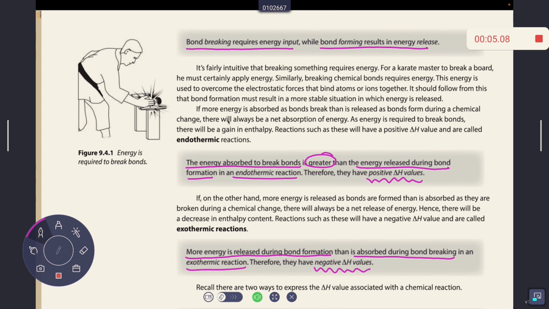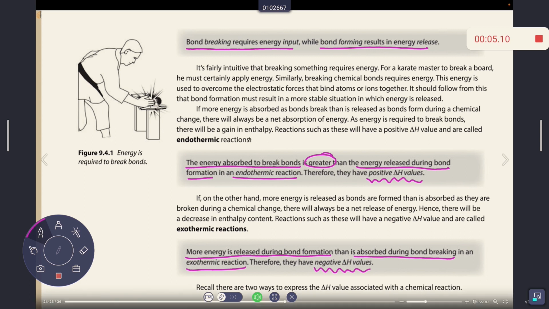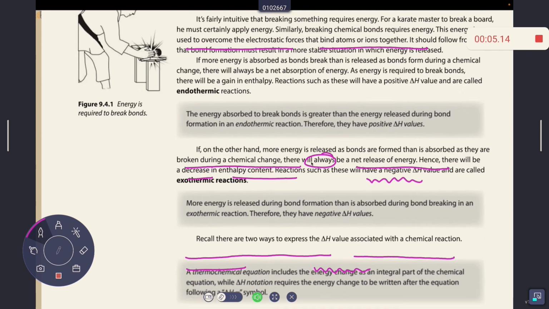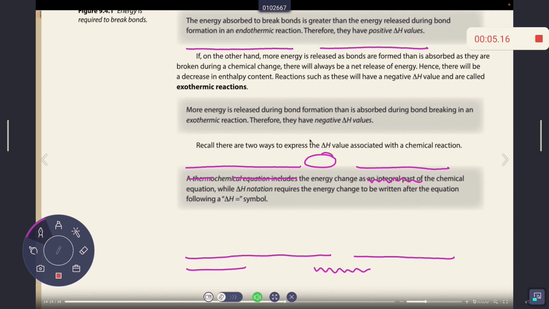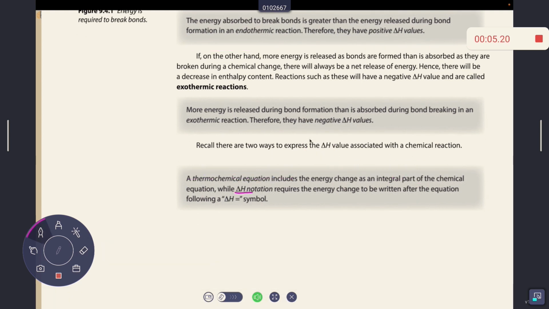Okay. Now, there are two ways to express the delta H value for a chemical reaction. The first one you saw on the previous page. So the first one was delta H notation. Okay, so delta H notation has that energy change written after the equation, and it's following a delta H symbol.